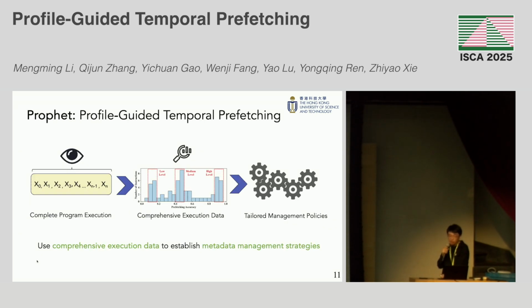Prophet is the first profile-guided solution for temporal prefetching. It profiles the complete program execution to establish management strategies. Compared to the highly variable metadata access patterns, the profiling data, which is located in the center of this slide, is relatively more regular.